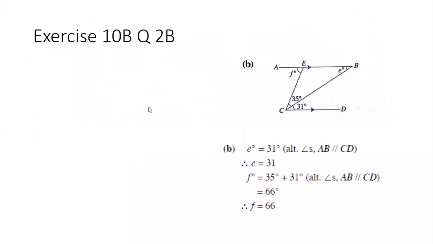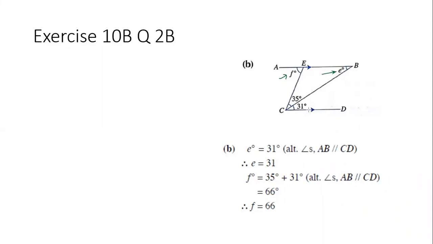Okay, now going to exercise 10b, question number 2b, which is quite similar to the kind of method that we have used so far in the previous questions. So from the figure we can see that we are asked to find this f here and this e here.